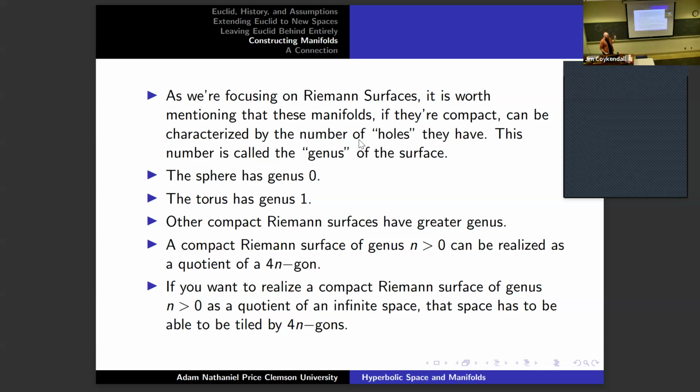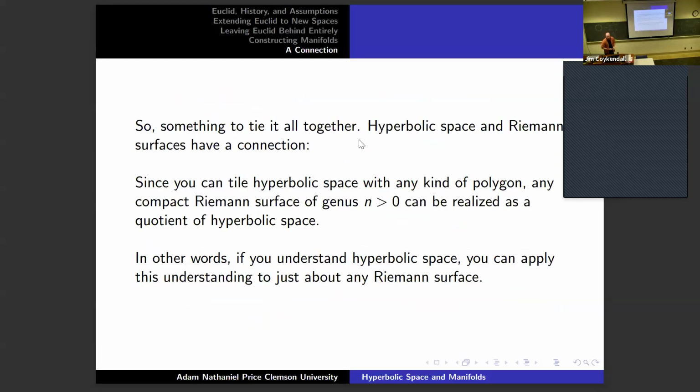So if you can tile it by regular 4n-gons, you can quotient it out and you get the manifold that you're trying to get. So this ties it all together, a connection between hyperbolic space and Riemann surfaces.